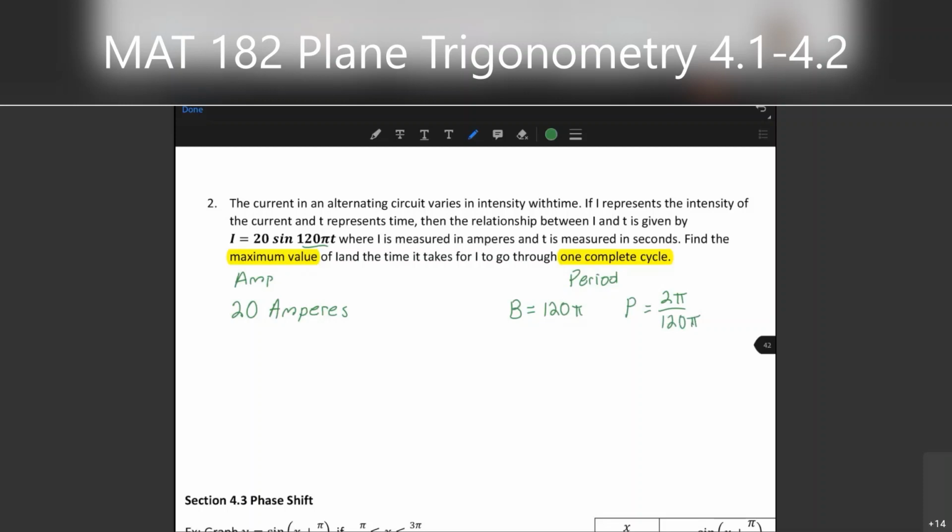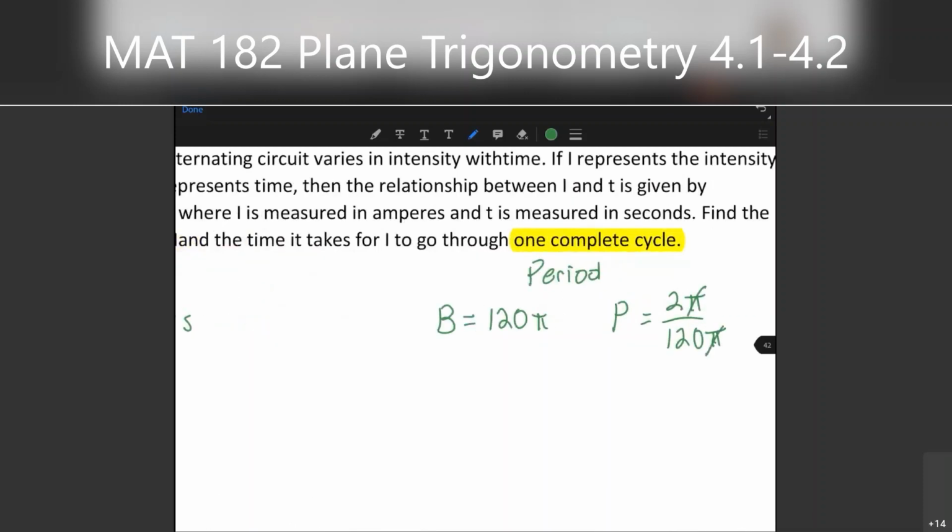The pi will cancel, I'll just have 1 over 60, and in this case, our period here is measured in, again, time units. So that would be seconds. It takes 1 over 60 seconds, or 1/60th of a second to go through a full cycle. So it's going pretty fast.